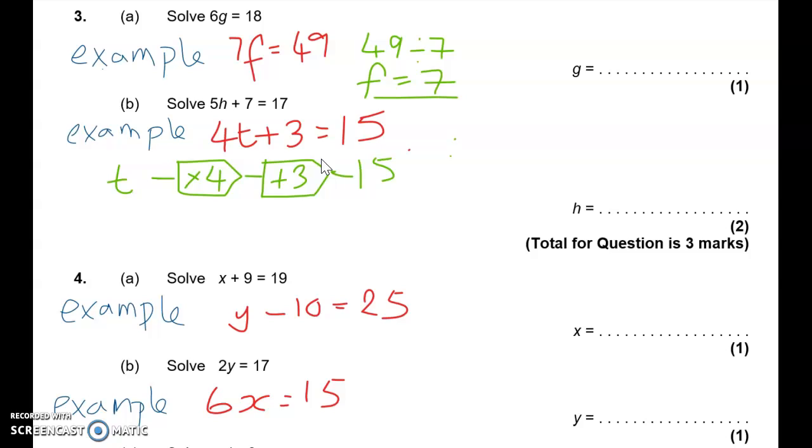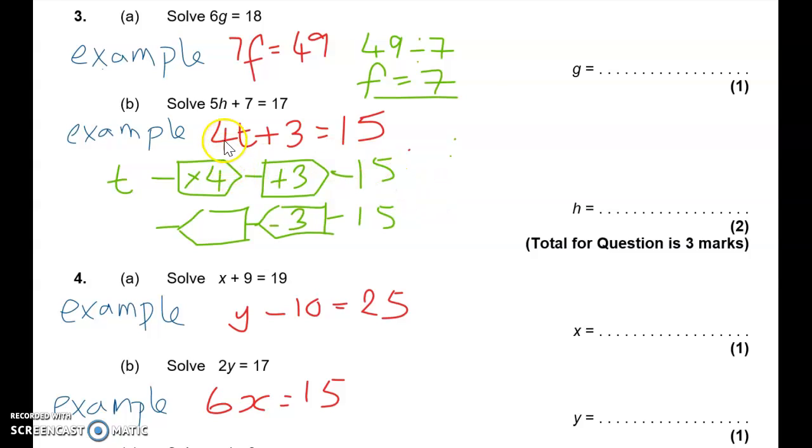But if you find that too difficult, you are just going to do the inverses going backwards to find out what t is. So something, which is t, times 4 plus 3 gives me 15. To work backwards, I'm going to do the opposite. So I've got 15. Instead of adding 3, I'm going to take away 3.